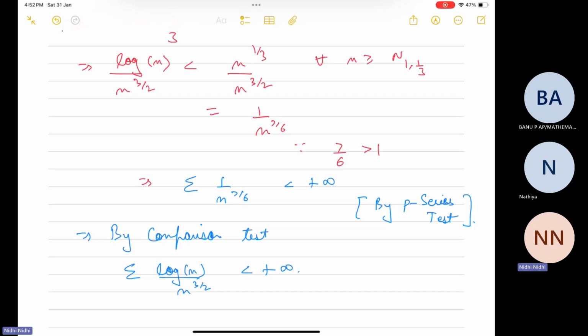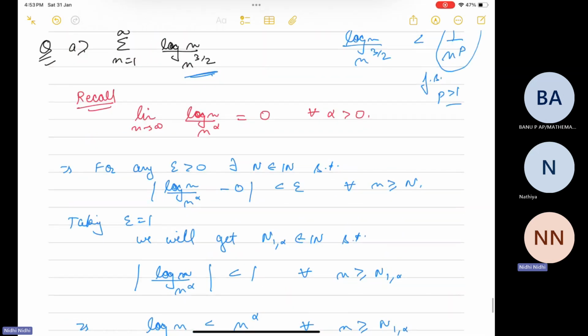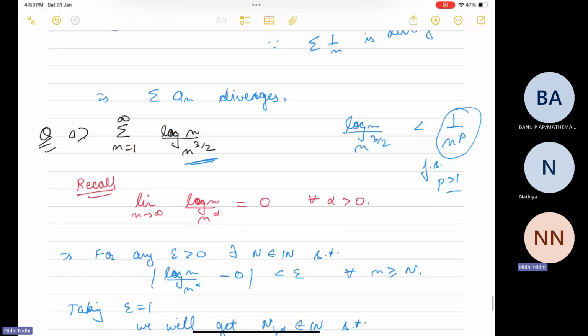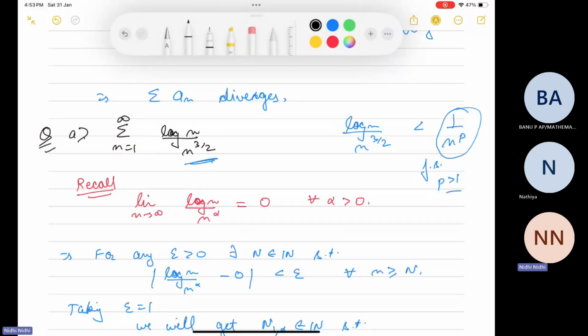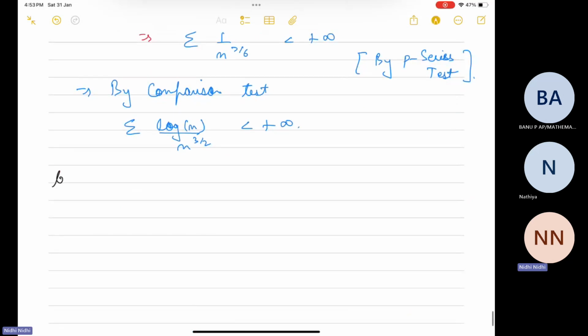I would like you to go through this solution once again, and using exactly the same procedure, you can prove the second part yourself. Just try it yourself: summation n from 1 to infinity log n square upon n to the power 3 by 2.